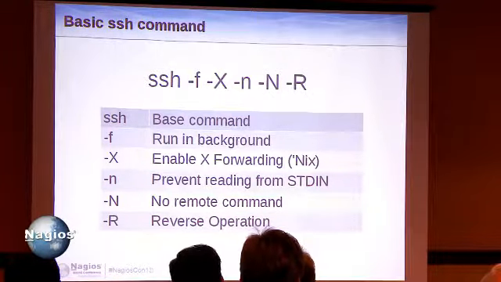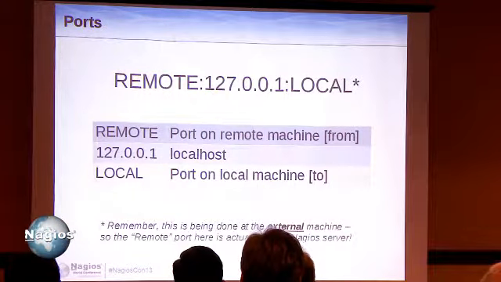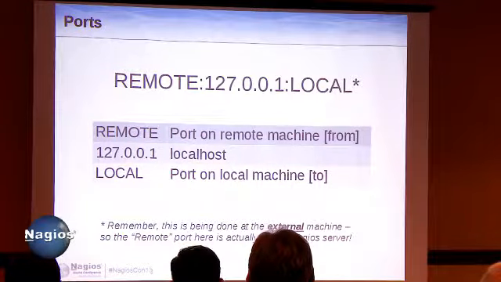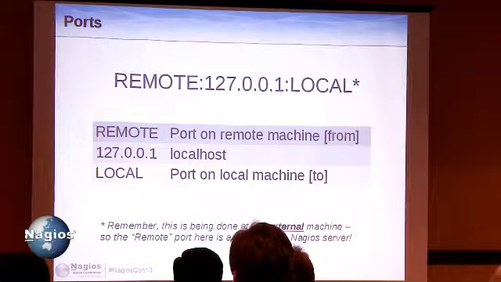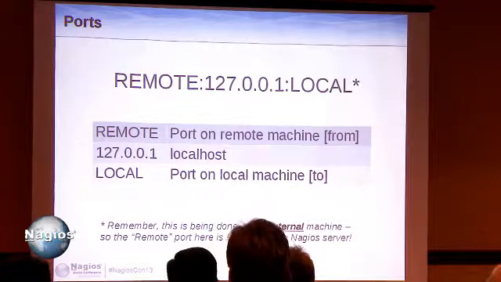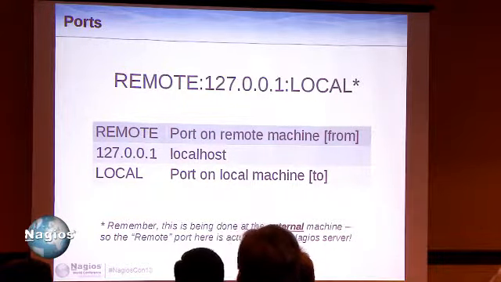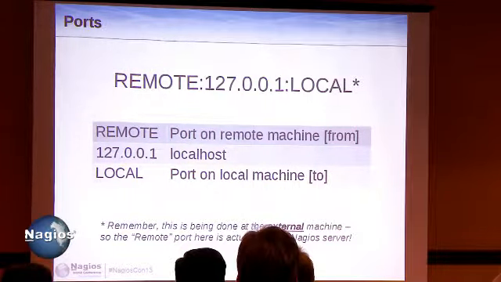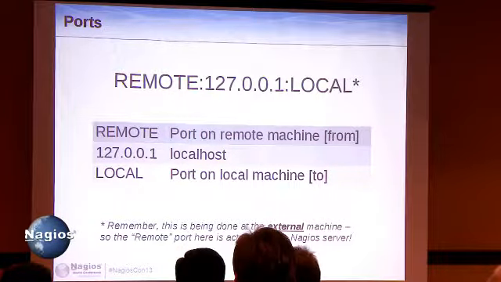The next part of the command. You have to tell it where you're going. Remember here that this command is being executed on the remote machine. It took me a long time, many years ago, to mentally get a handle on what's happening. I tried to simplify it here for you.